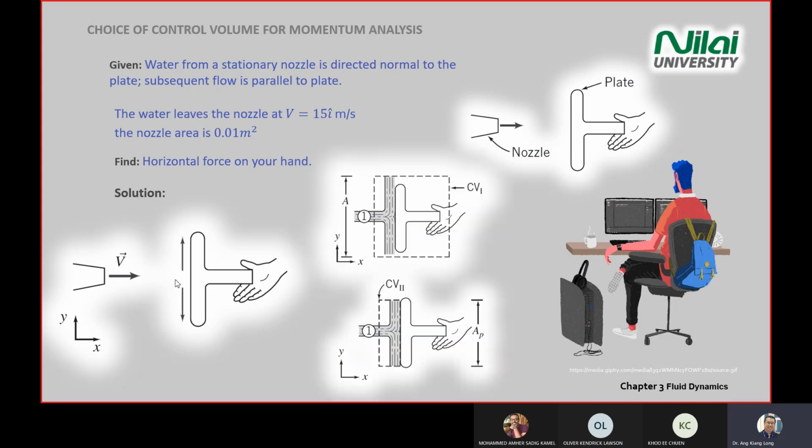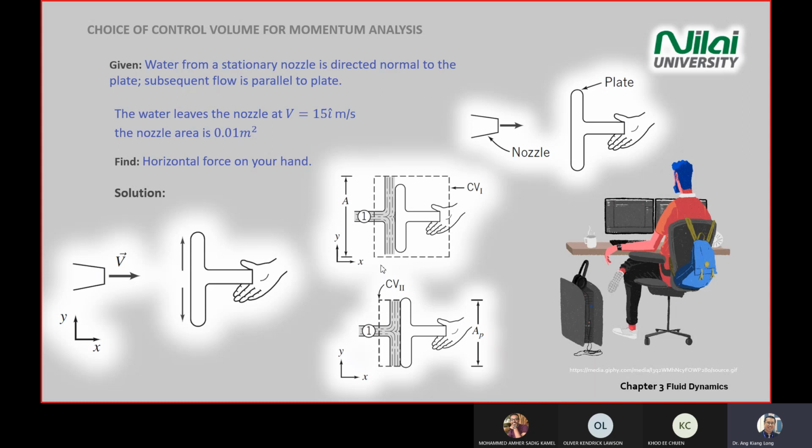So there are two methods that you can use to deal with these problems, and I will show you both. One is that you use the first control volume like you see on the screen here, meaning you draw the first type of control volume and analyze what is happening inside it. The second one, you can choose to focus only on what happened in front of the plate.